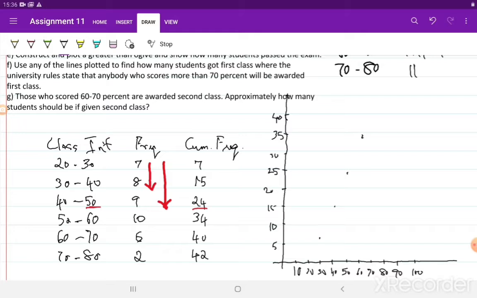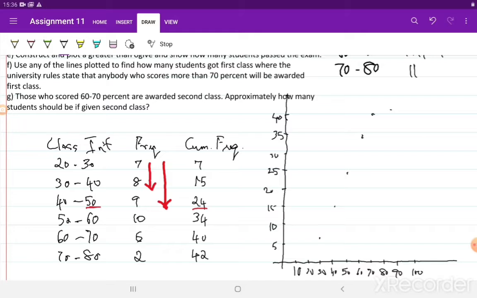The number of observations less than 70 is 40. And the number of observations less than 80 is 42. So somewhere over here.